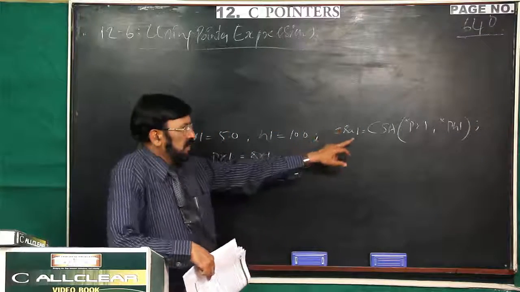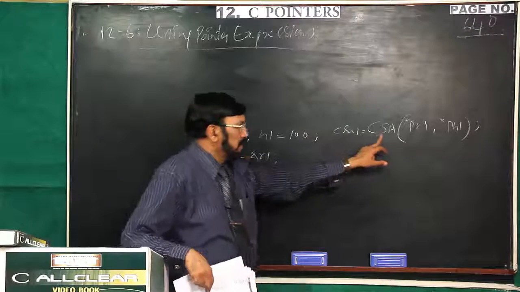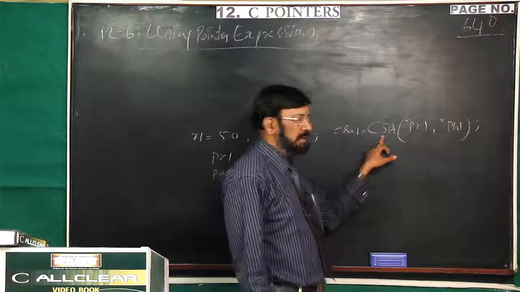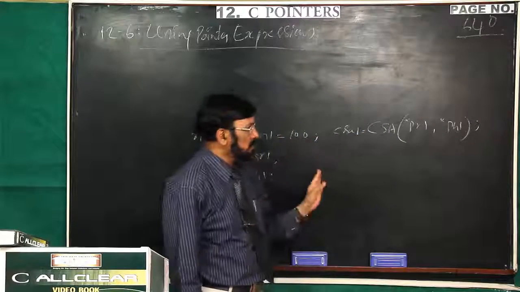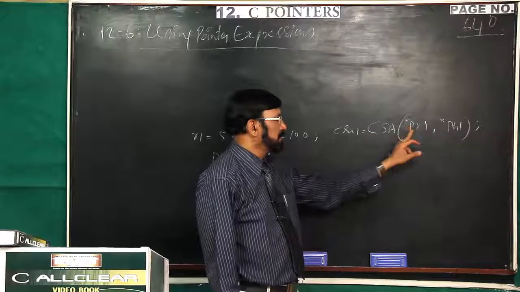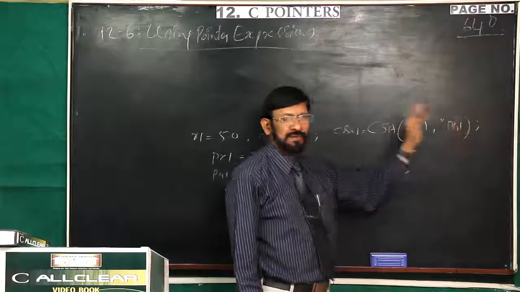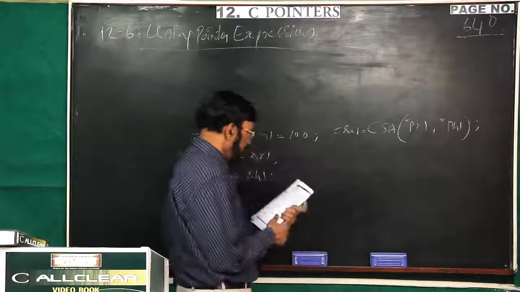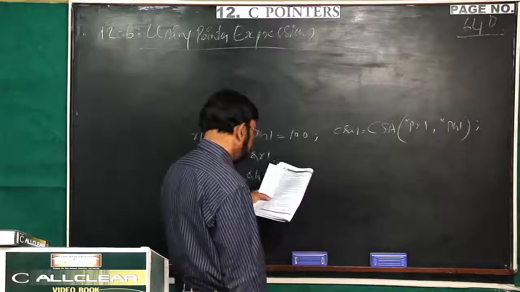Now this is the curved surface area of the first cylinder. Now we are calling the corresponding parameterized macro. A parameterized macro is nothing but a macro and a function. This is like a function call. CSA of *PR1 *PH1 you are passing. Where do they go? Where do they go? Just see the 6th line.